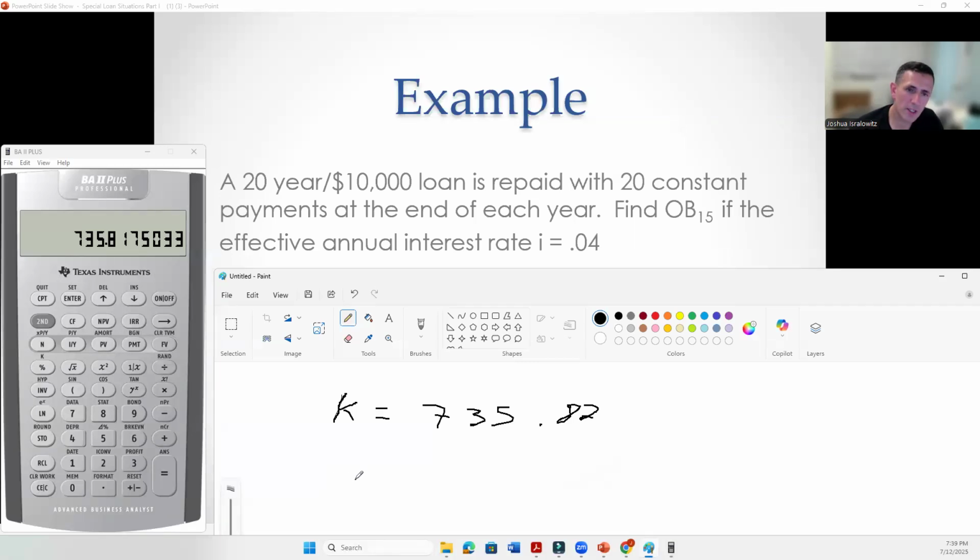So we have constant payments and constant interest rate. Let's do the outstanding balance at time 15. I'll do it both ways. It's always good to see that you get the same answer both ways.